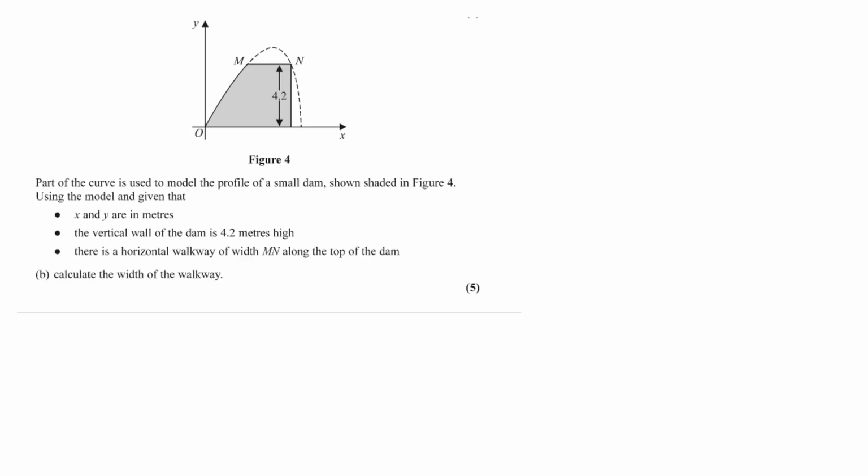So this is part B of the question we've just been doing on the parametric integration, and we had that x was equal to 6 sine t and y is 5 sine 2t. We've got this is a profile of a dam.